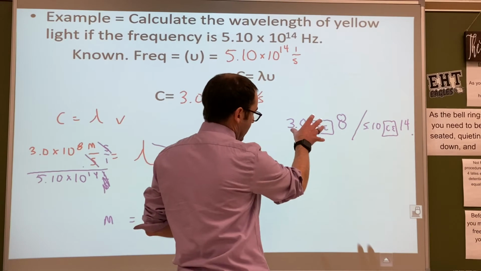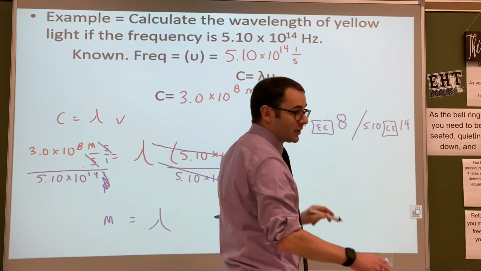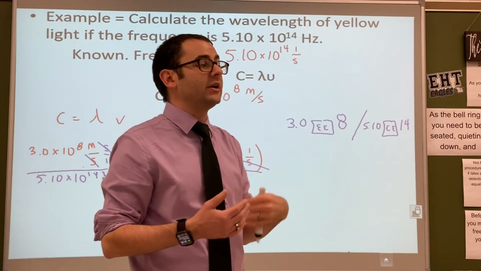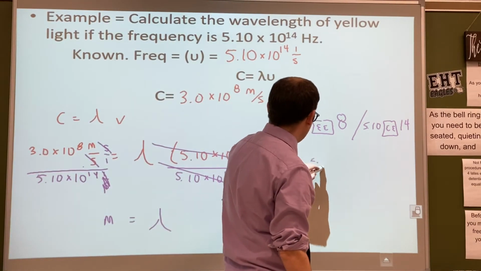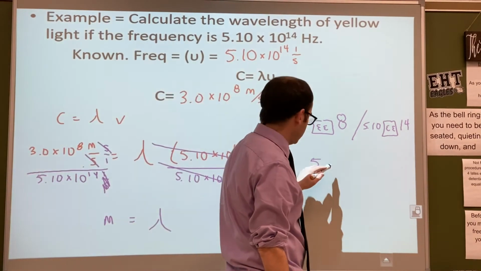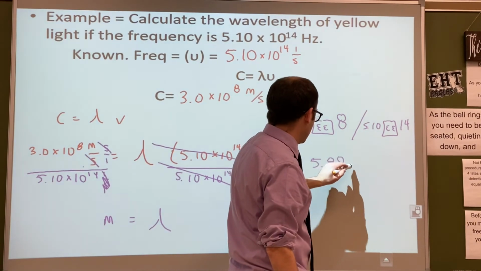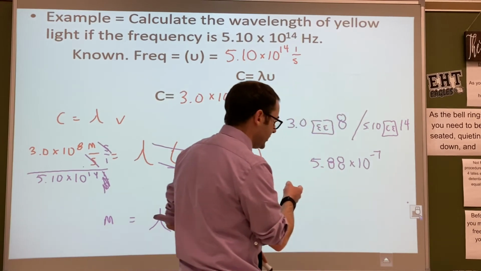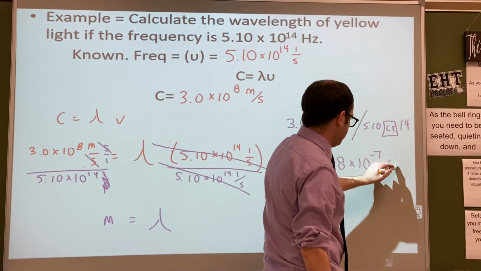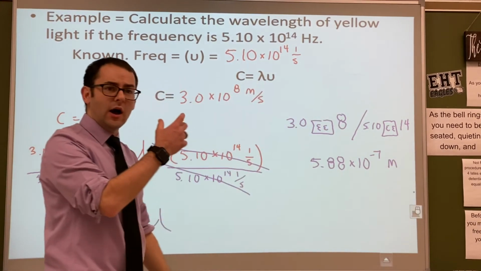And then when you hit enter there, it should give you, now it's a small number, so I would say put it in scientific notation, okay? 5.88 times 10 to the what? Negative 7. What are the units? Meters. All right, cool.